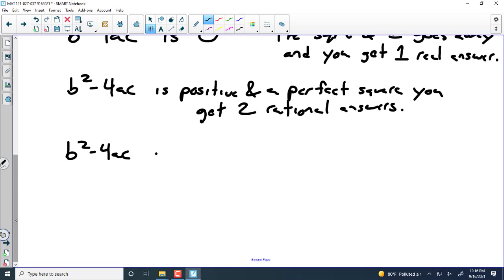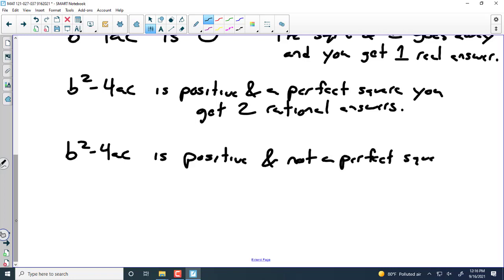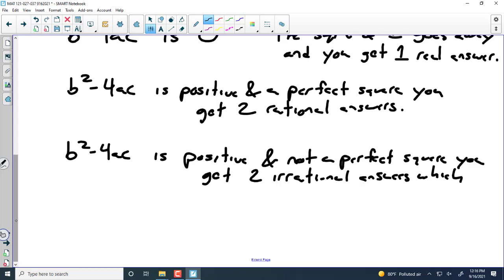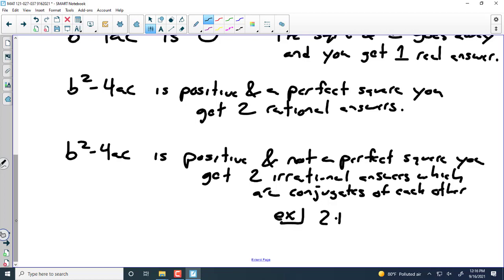If b squared minus 4ac is positive and not a perfect square, you get two irrational answers, which are conjugates of each other. You get something like 2 plus the square root of 3 and 2 minus the square root of 3. Still real, just irrational.